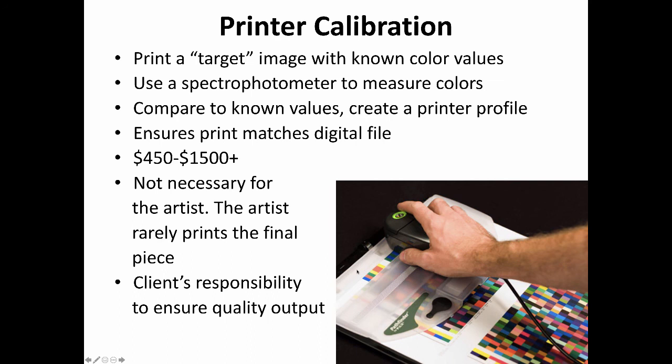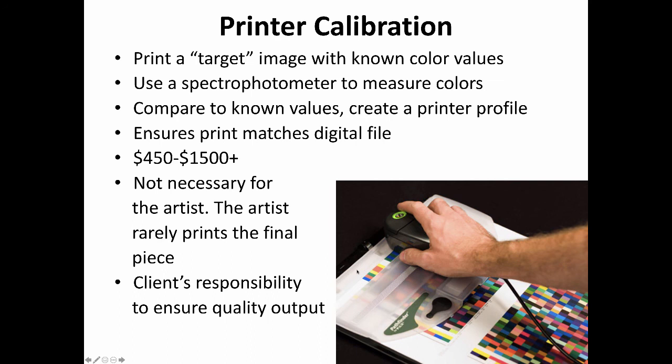And the computer then generates something called a printer profile, which is essentially something that adjusts the printed image to compensate for any inaccuracies in the print. So in other words, if the printer prints with a little bit too much magenta, the printer profile compensates by removing a little bit of magenta every time you go to print a file after that point.